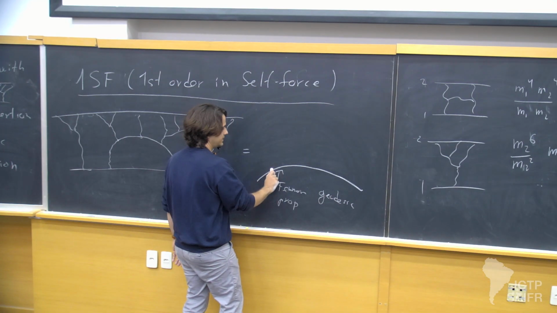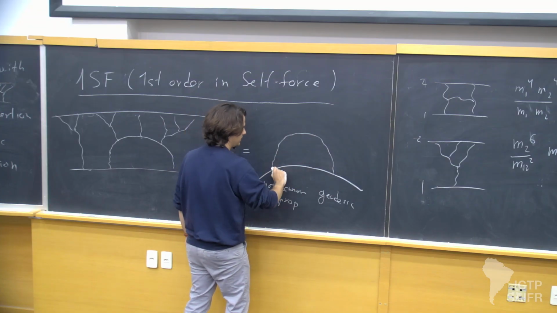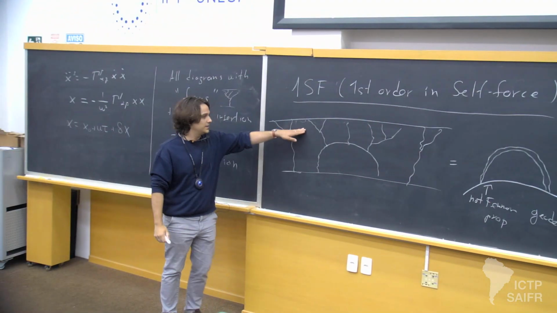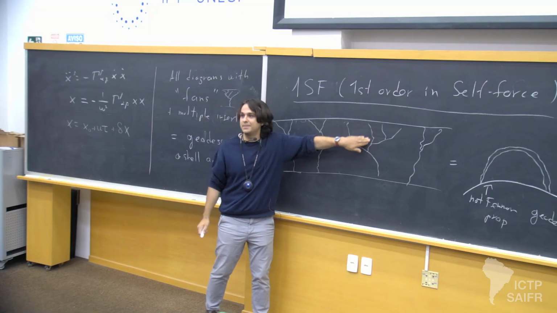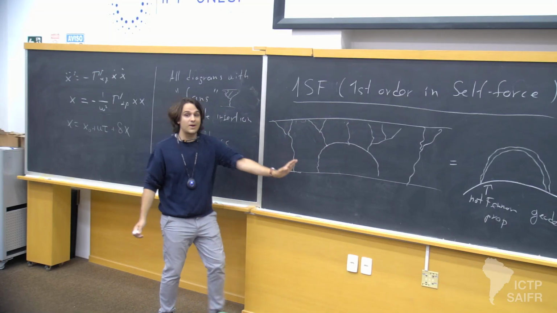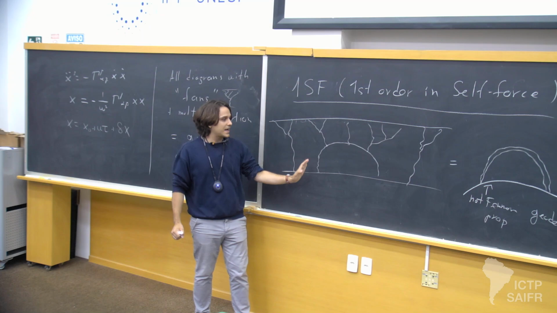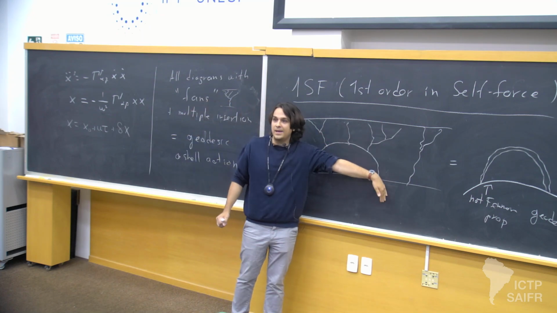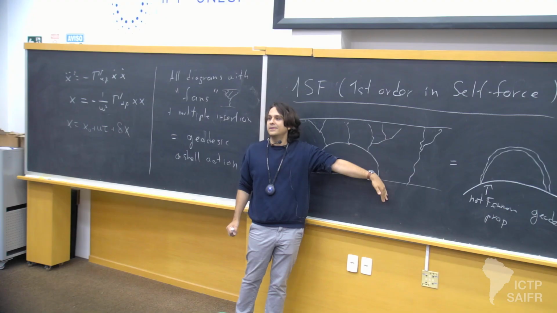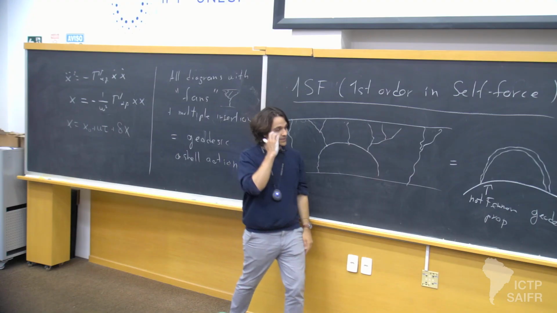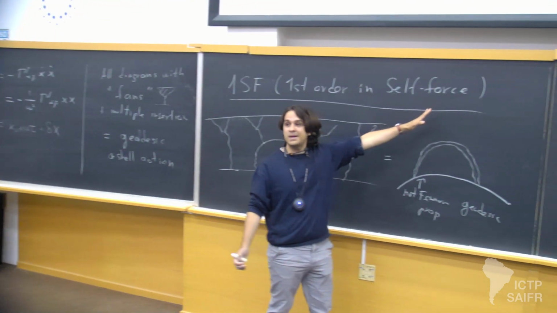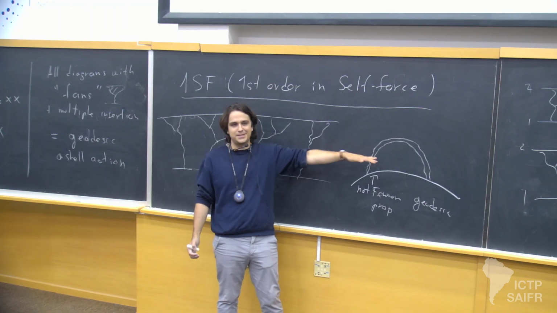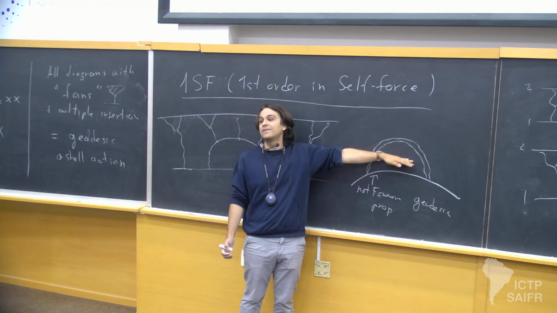And then there's a graviton that propagates in the black hole background, because remember, these fans were just reconstructing the metric. So now I have a graviton that exits, propagates in a black hole background, and then exerts a force again on the particle. So this first order in the mass ratio is just a classical 1-loop correction. It's like the classical self-force or self-energy.